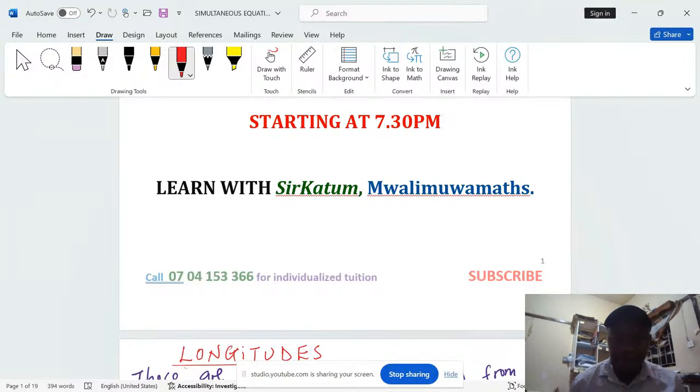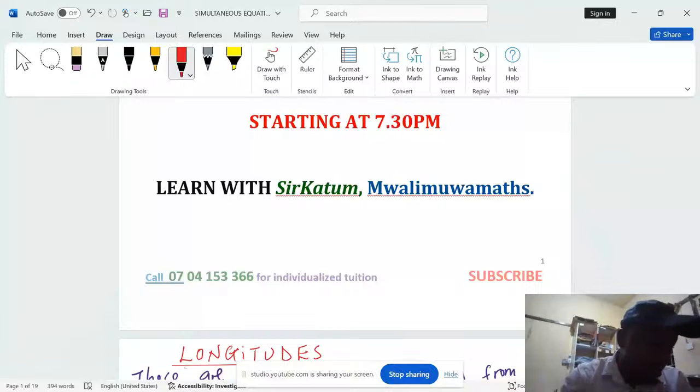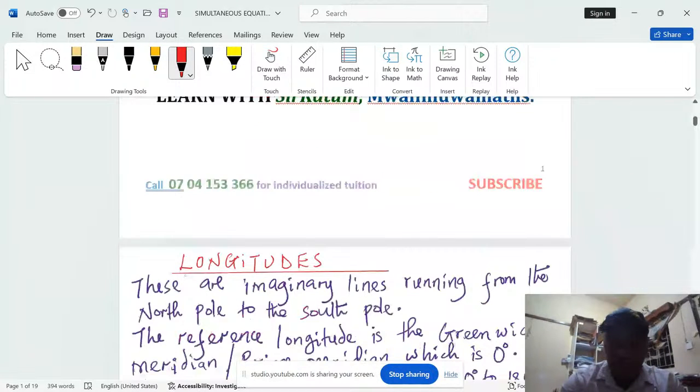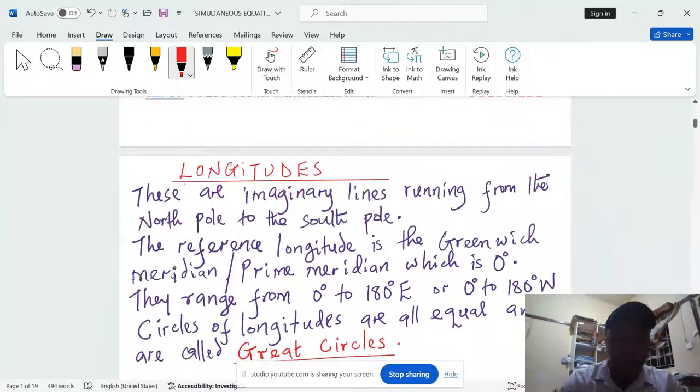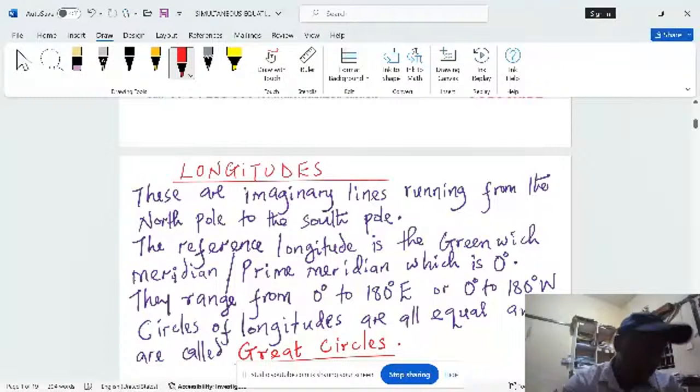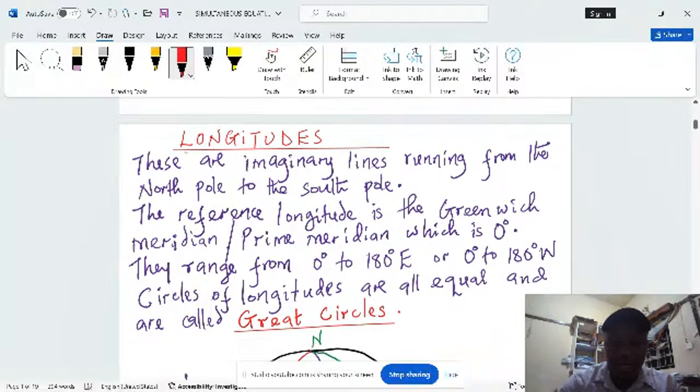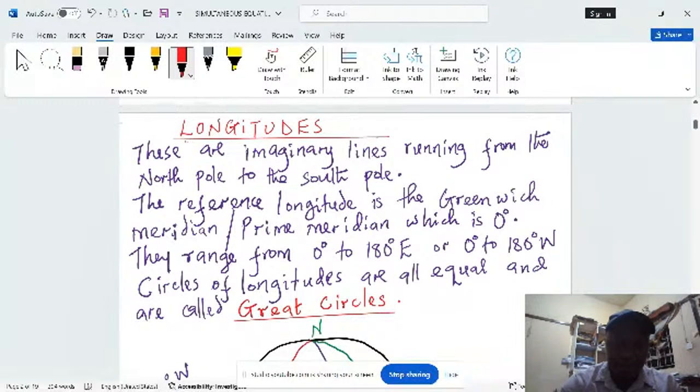On longitudes and latitudes, we start by, first of all, knowing what longitudes are and what latitudes are. Longitudes are imaginary lines running from the North Pole to the South Pole of the Earth.